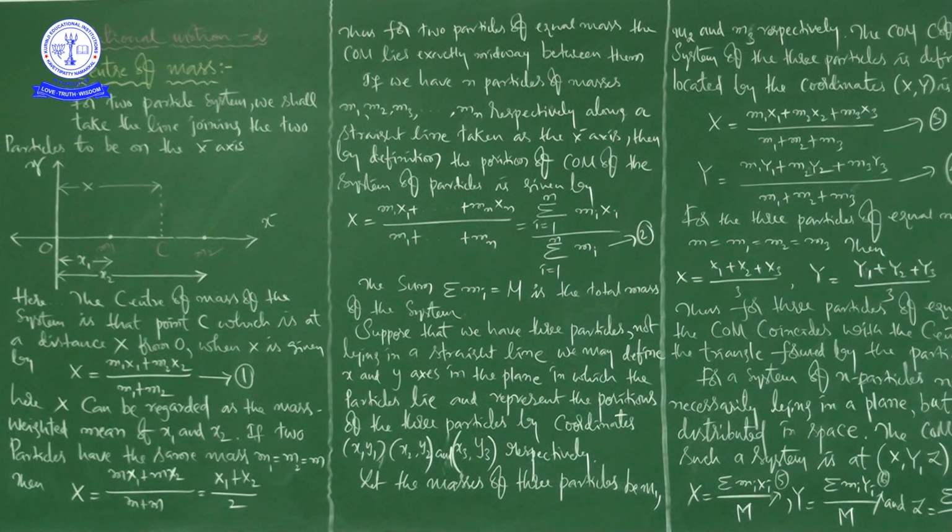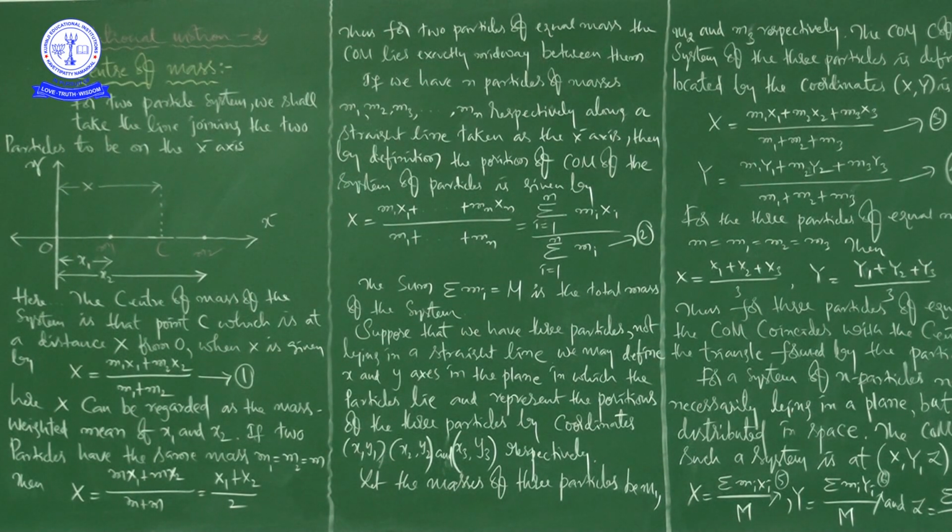For example, the center of mass of these two particles is at one point C, and its distance from the origin is x.